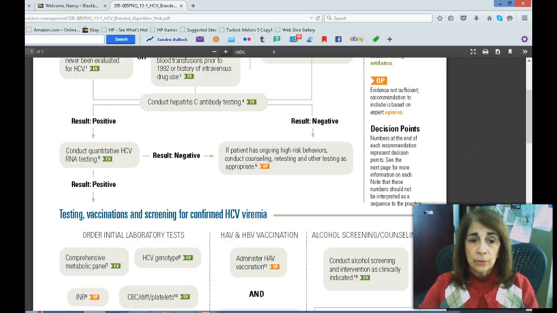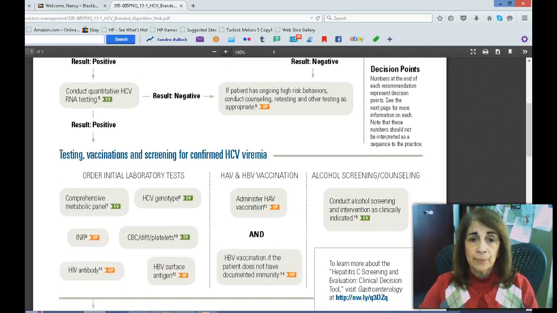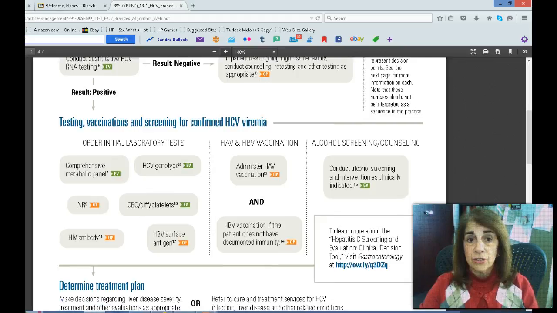We continue on the algorithm for testing, vaccinations, and screenings for patients with confirmed HCV virus. There are lab tests. They get a CMP, Comprehensive Metabolic Panel, HCV genotype, INR.